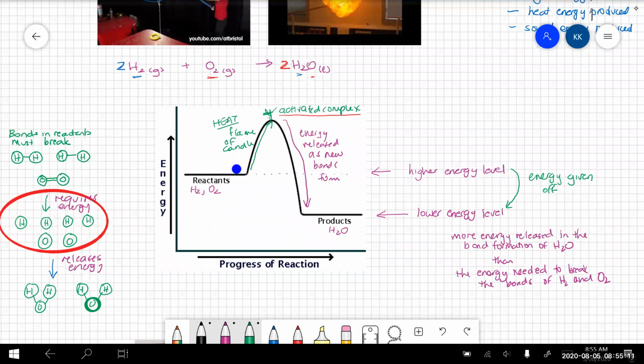So that's why combination reactions would happen. And if you didn't get as much energy out as you put in to get a combination reaction to happen, it's not likely to happen. Because remember, lower energy means stable. And higher energy is less stable.